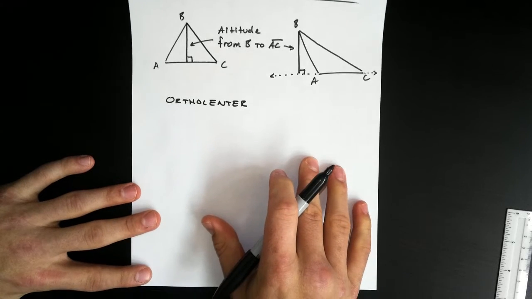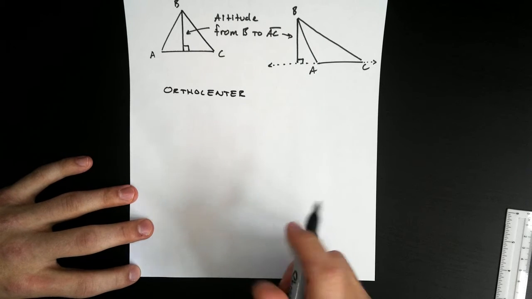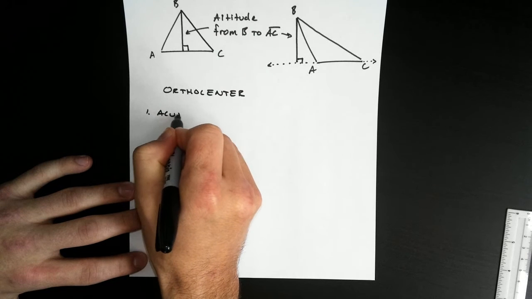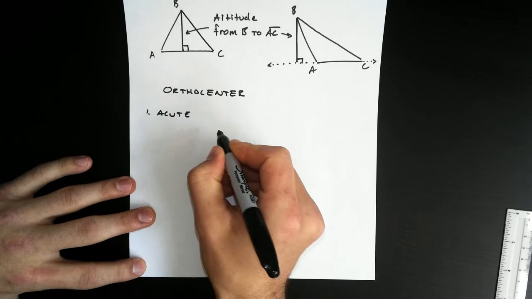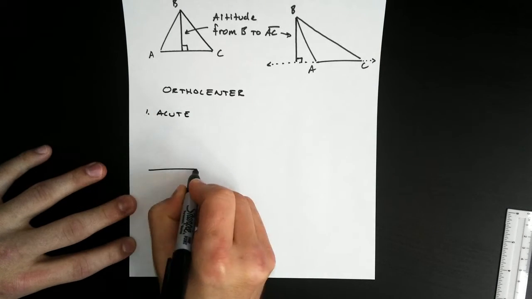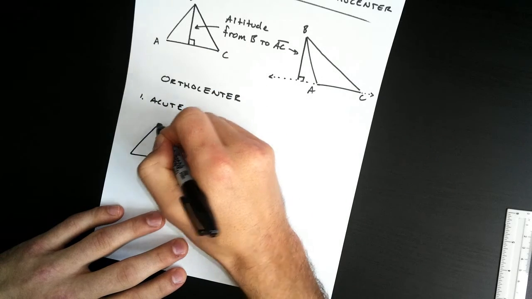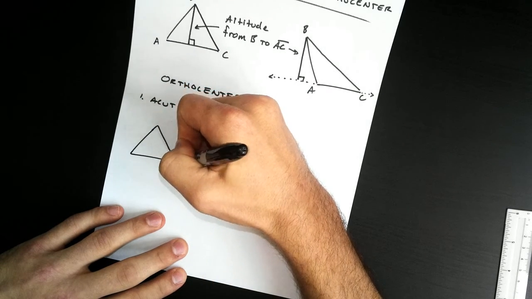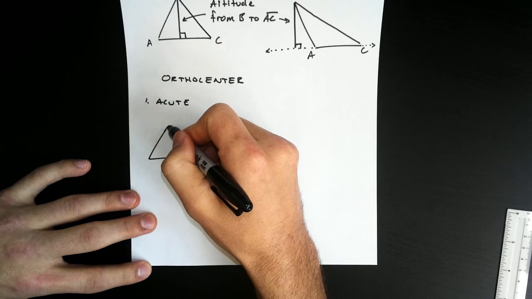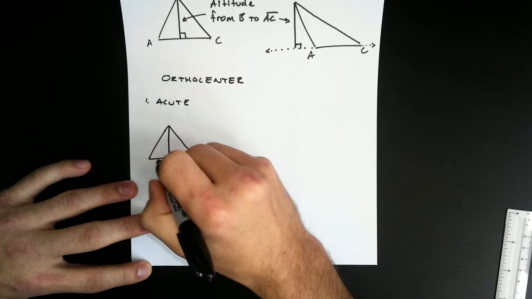So there are 3 different possibilities for our orthocenter. If we have an acute triangle, our orthocenter is going to be on the inside of the triangle. So we'll start with an acute triangle here. And if I draw in my altitudes, so from each vertex, dropping straight down perpendicular to the other side.